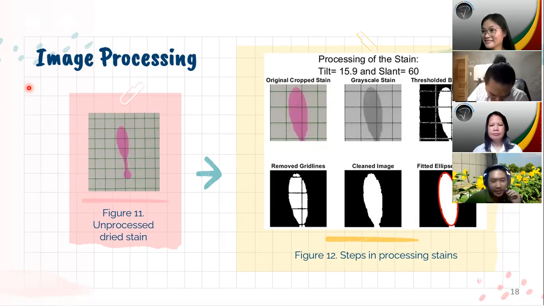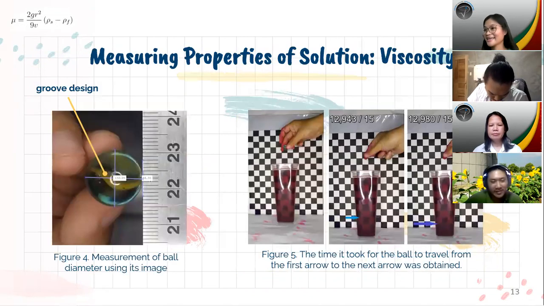Sa pag-measure ng viscosity ng fluid, bakit marble yung ginamit mo at hindi, for example, coin? Hypothetical lang po, kunwari we need it to be a sphere para laminar flow, para straight lang siya.